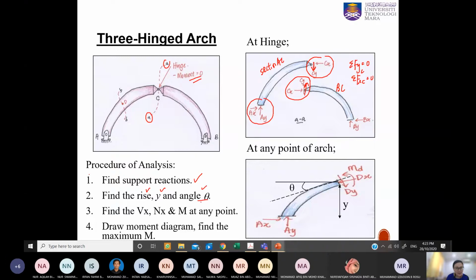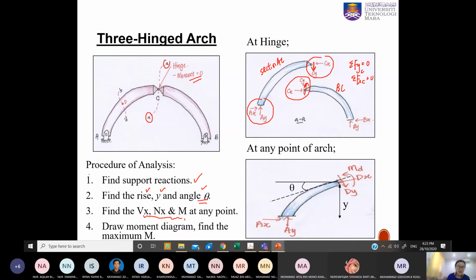The angle theta here is the angle at any point of the arch, because we need to use these angles to resolve forces. Then we can determine these internal forces. These are the internal forces: shear force, axial force, and the bending moment.